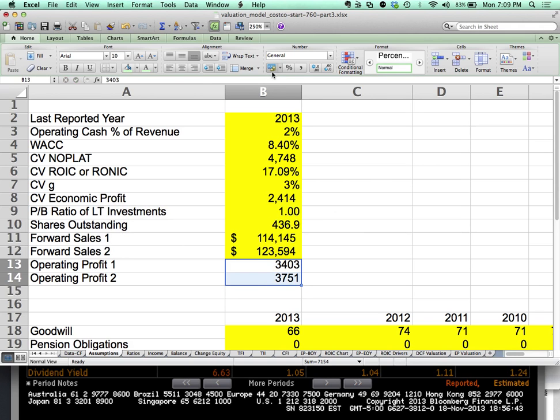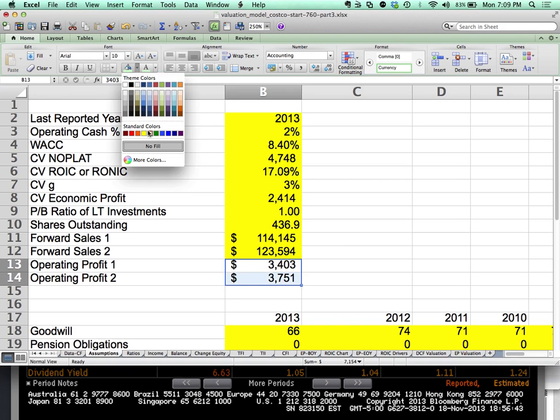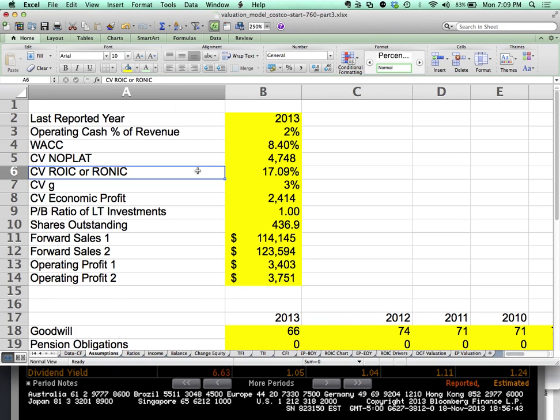So 3.4 billion, 3.75 billion. Those are the consensus estimates for the next 2 years for operating profit.